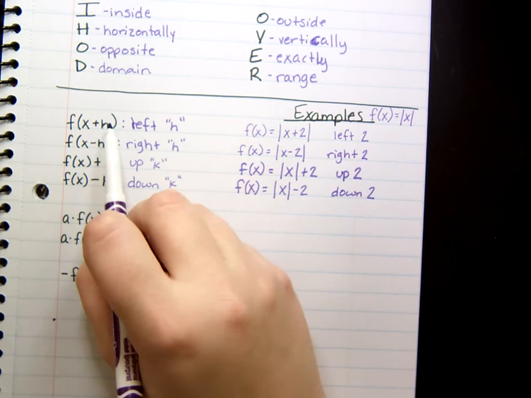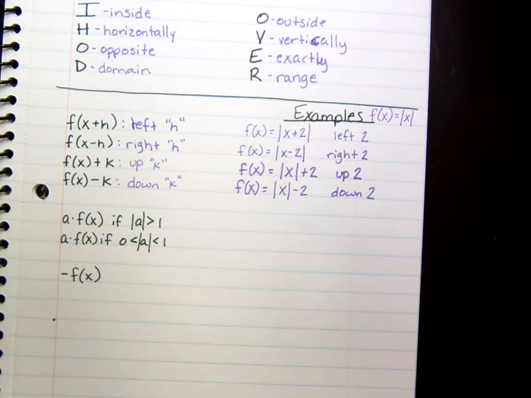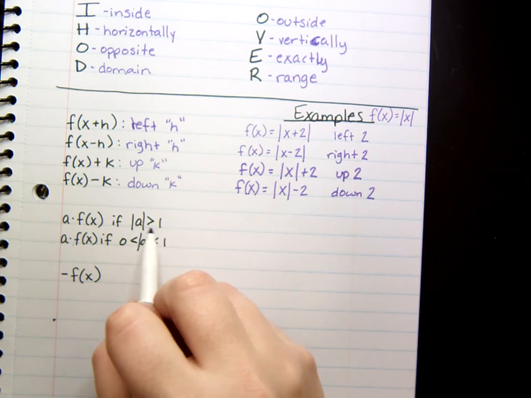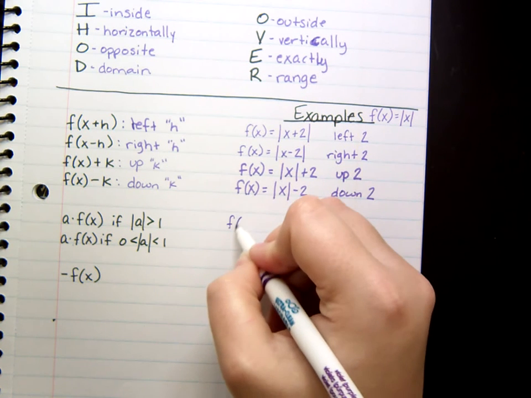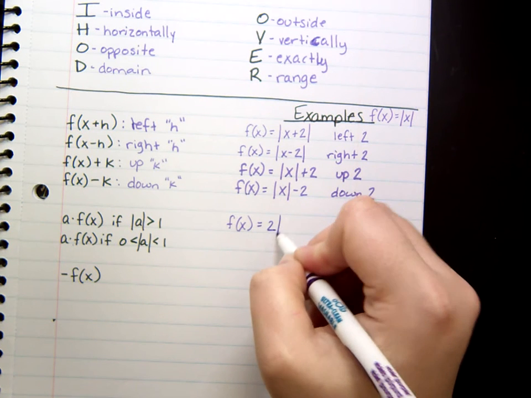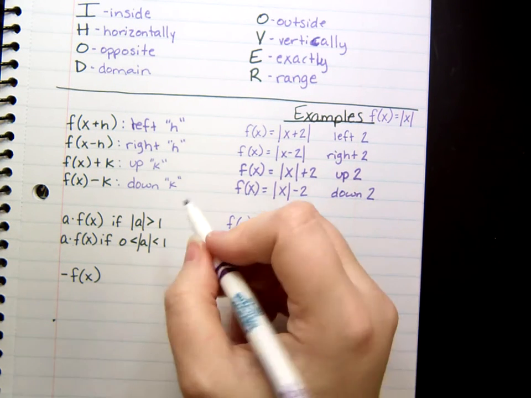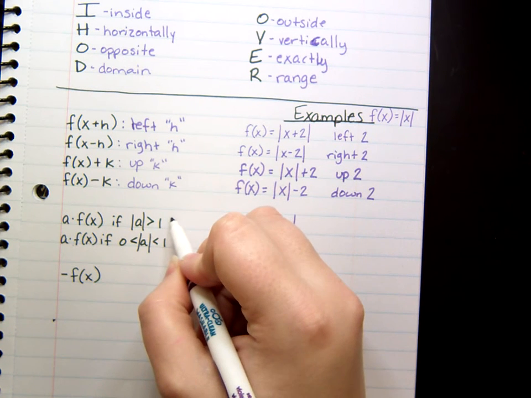So these were all adding or subtracting. These two, we have it multiplied by a number. Now if your number is bigger than 1, like for example 2 times absolute value of x, what it's going to do is what we call a vertical stretch.